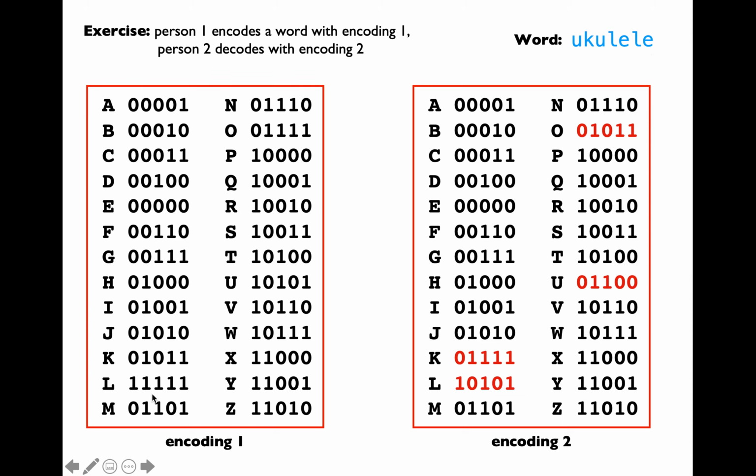We are going to use encoding 1 to apply encoding to this particular string. Then for fun, we are going to apply encoding 2 in order to decode the 0-1 representation, which is the encoded representation of the string ukulele.